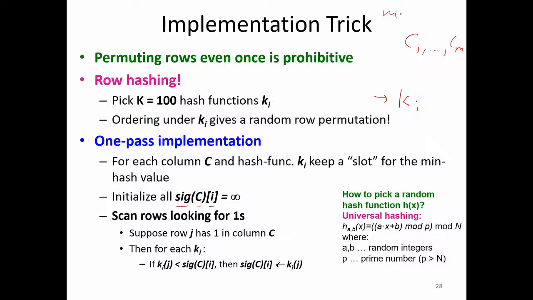You know all the shingles present in all the documents, so you have to make one pass to find this out. So you have all the shingles and you have all the hash functions. Now you just go over the shingles.